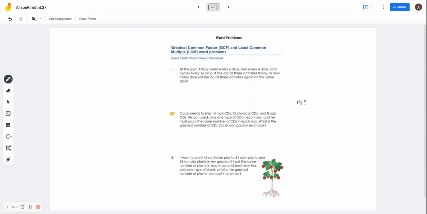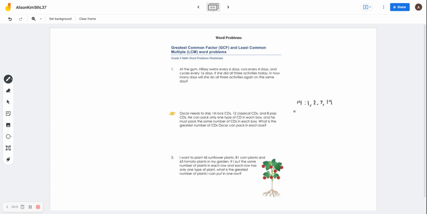So 1 times 14, of course. 2 times 7. 3 cannot go into 14. 4 cannot. 5, no. So it's just going to be 2 times 7, and then 1 times 14.